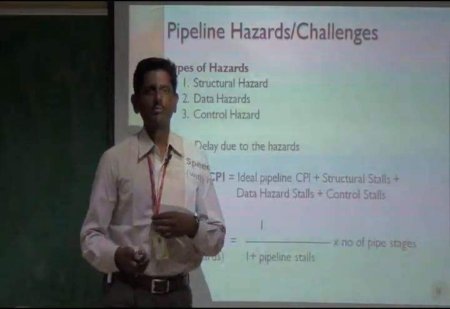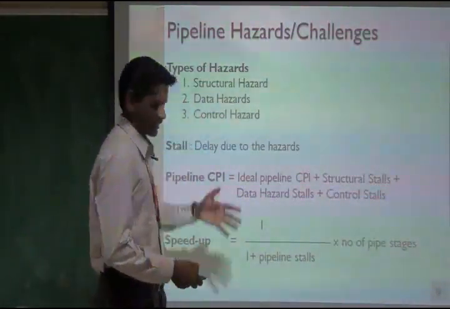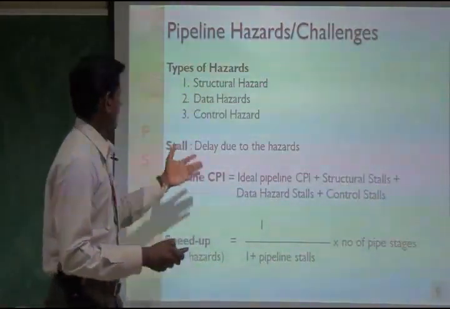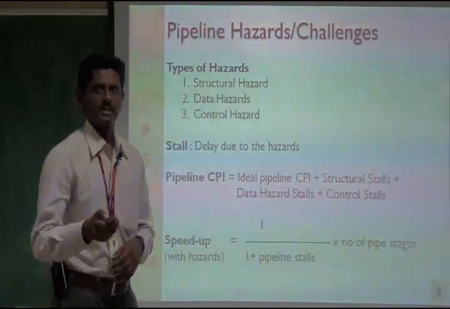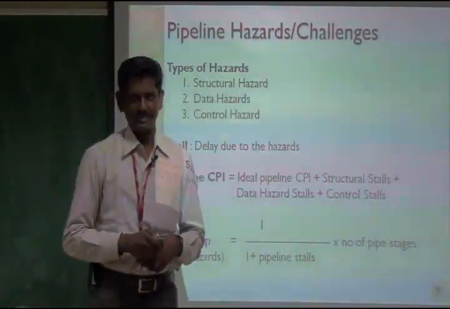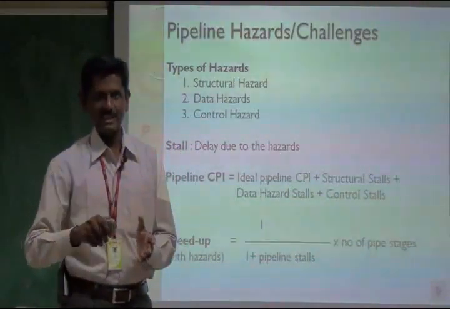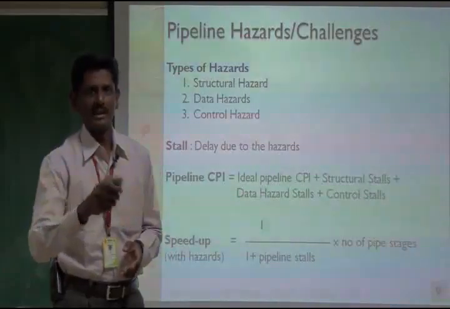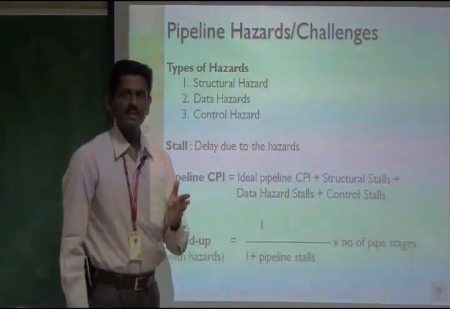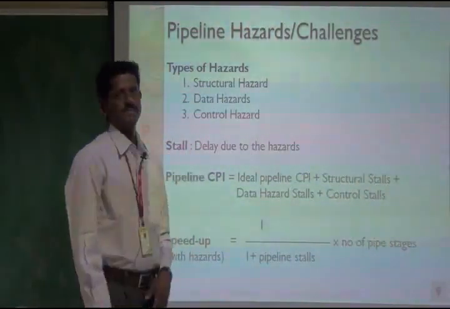But while you go for ILP, instruction level parallelism, there are some challenges, otherwise called hazards. The hazards are grouped in 3 categories: structural hazard, data hazard, and control hazard. Hazard is nothing but some difficulty or incompatibility while applying ILP. Because of this hazard, the operation may be delayed. The delay is called a stall.